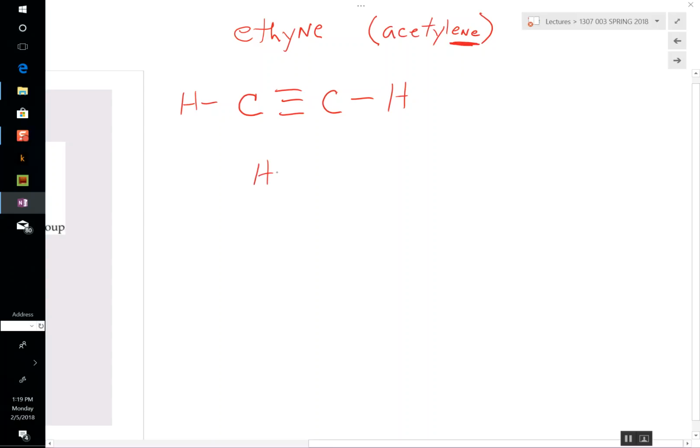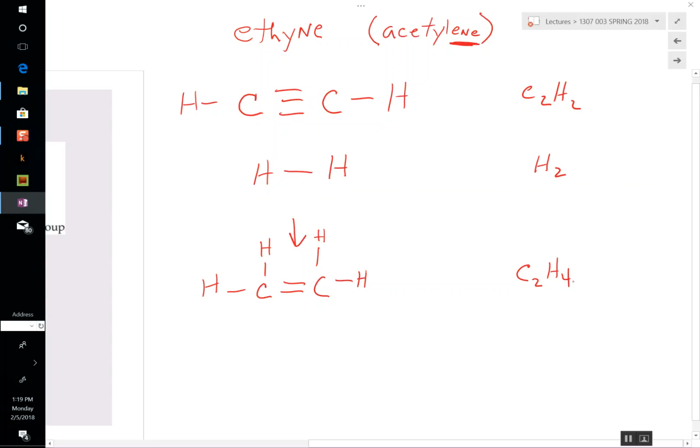Well, if I come along here and react this with hydrogen, I will get rid of one of the bonds, and I'll get ethene. If I start out with a molecule that is C2H2 and I just add H2 to it, I'm going to get a molecule that's C2H4.